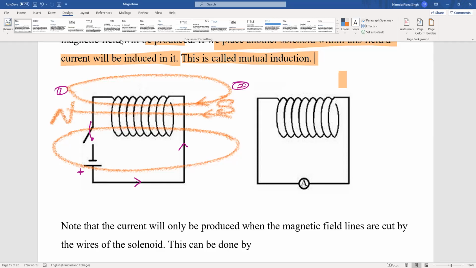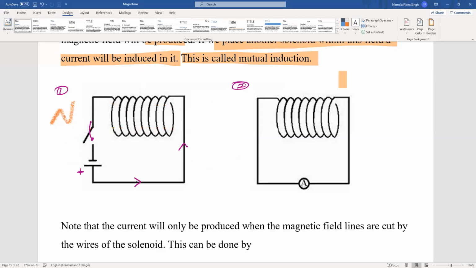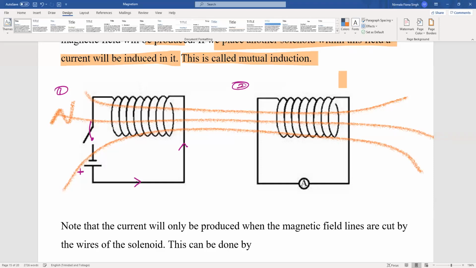Now, if this first circuit is sufficiently powerful, that field can extend further out into the space around it. So rather than a small little space, this field is going to propagate into a big area around it.